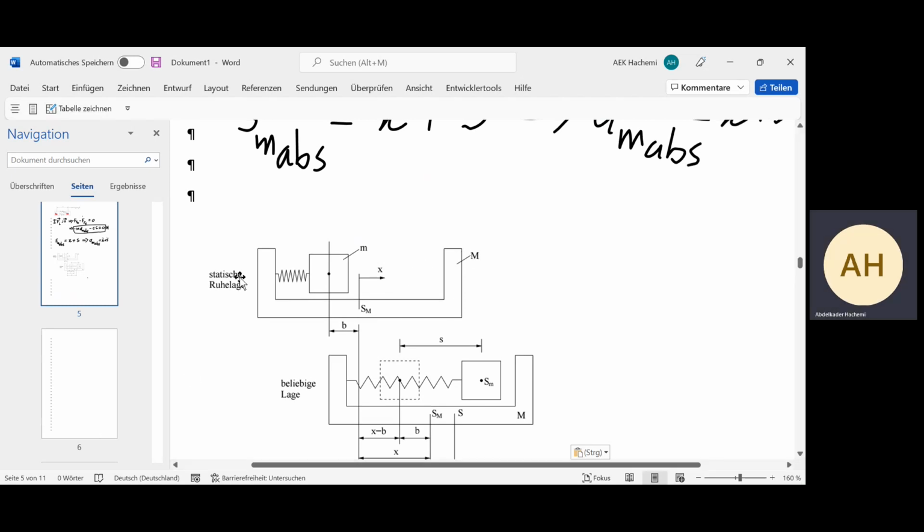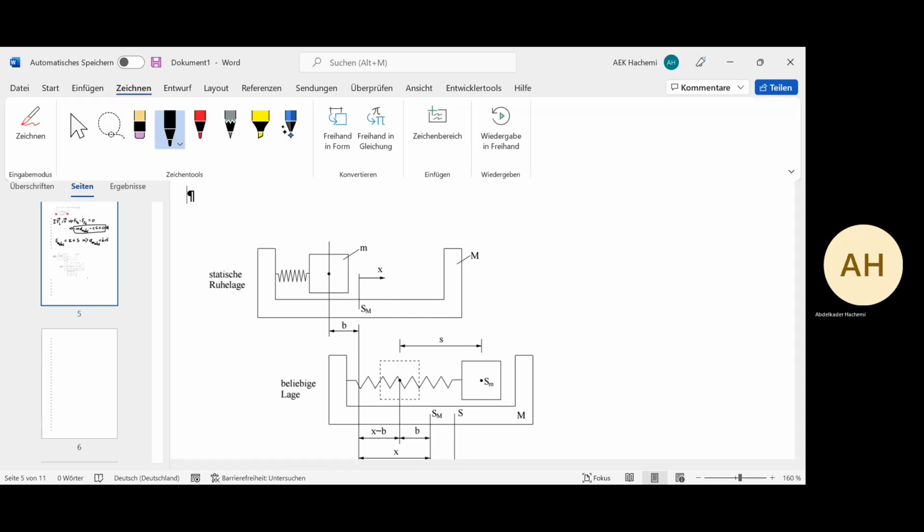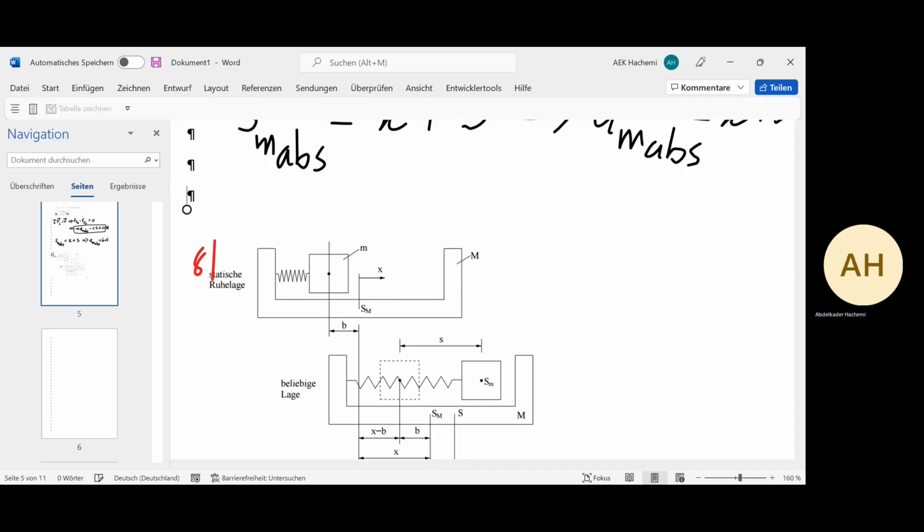This is what we call here the static state, and here the actual state.